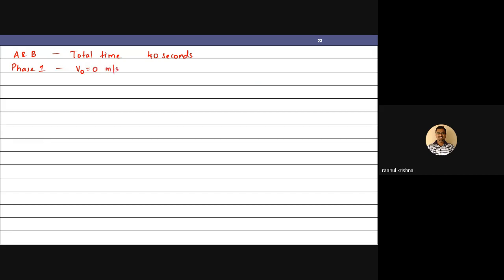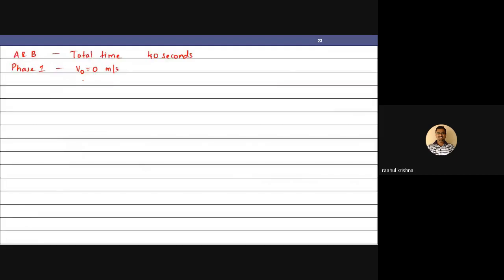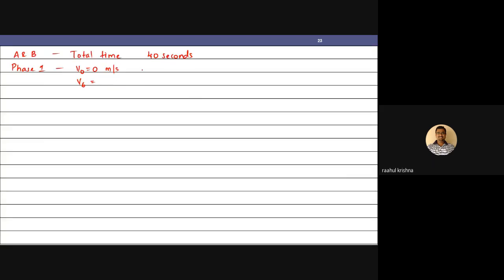In the first region, from V0 to V6, for 6 seconds, I don't know the velocity V6, and I am supposed to find it out. What is given is the acceleration A1, which is 4 meters per second square, and the total time, which is 6 seconds.